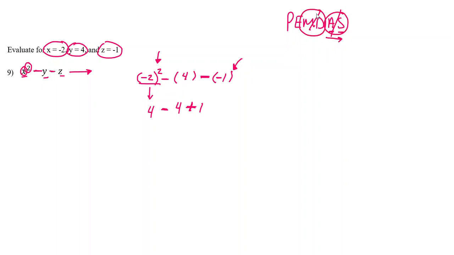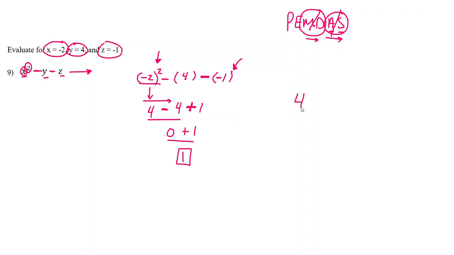Just like MD does not mean do multiplication and then the division. You do multiplication and division at the same time, left to right. So we're going to go left to right and do the first thing we come to, whether it's addition or subtraction, whichever comes first. And it happens to be subtraction. So 4 minus 4 is 0, and then I bring down the +1. And then 0 plus 1 is 1. And that's my final answer.